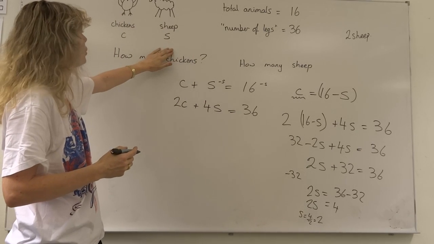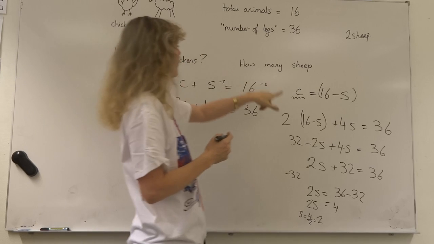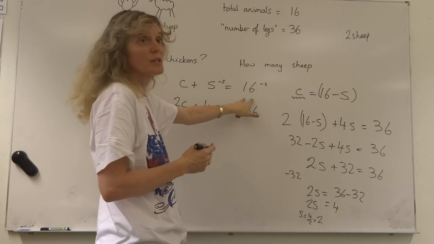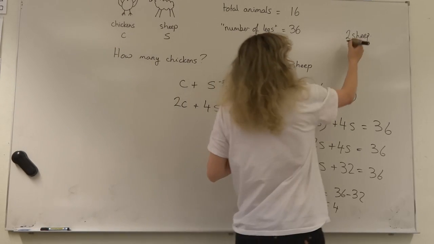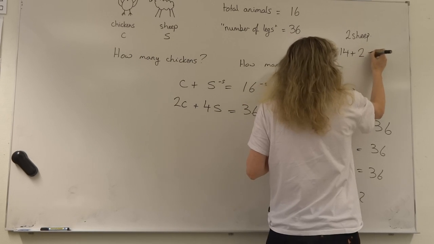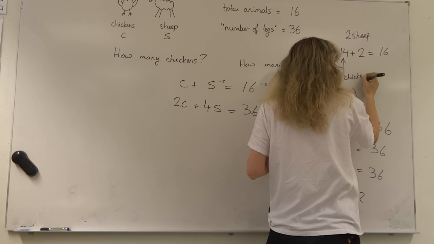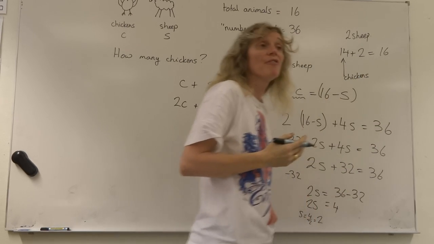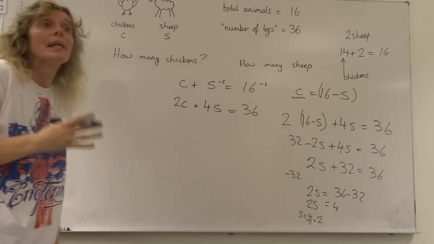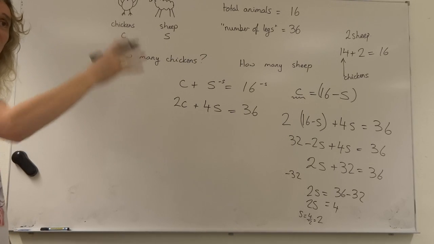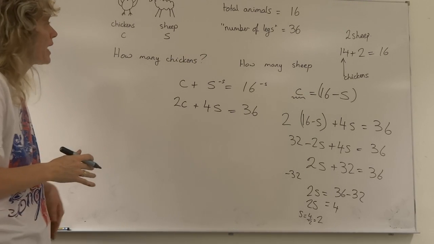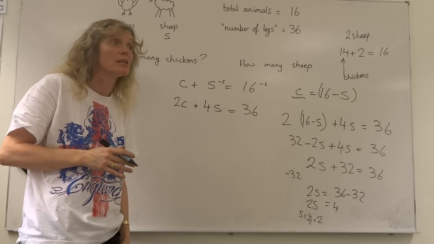Okay, if I've got 2 sheep, how many chickens have I got? Well, I know that chickens plus sheep equals 16. 14 plus 2 equals 16. So the number of chickens I have must be 14. Am I finished? No. Now I've got to do this final check, because if I've done everything right, I should be able to check that their number of legs is right.